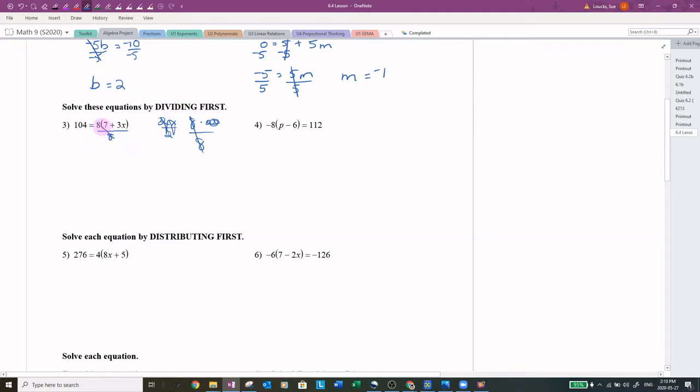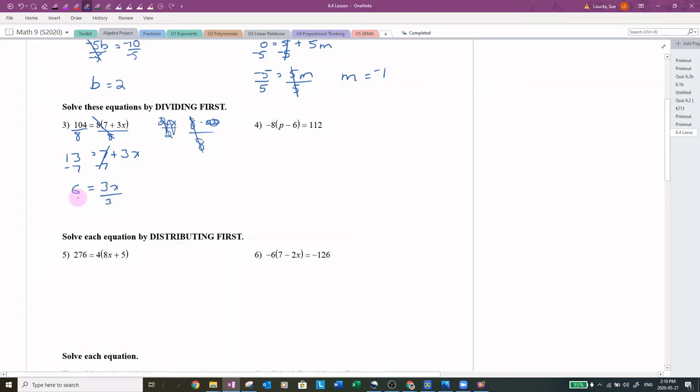Okay, so the 8's cancel, and I'm left with 7 plus 3x. And of course I have to divide the other side by 8 as well, and that equals 13. So I have 13 equals 7 plus 3x. I can subtract 7, subtract 7. I get 6 equals 3x.